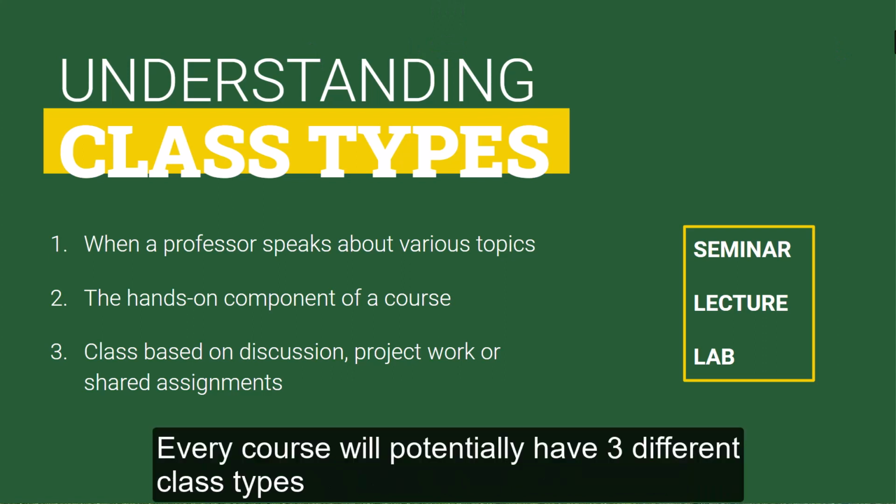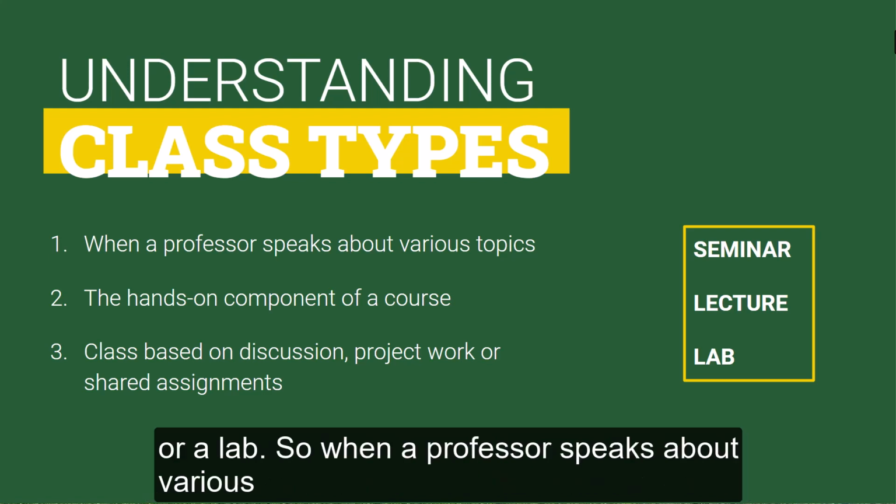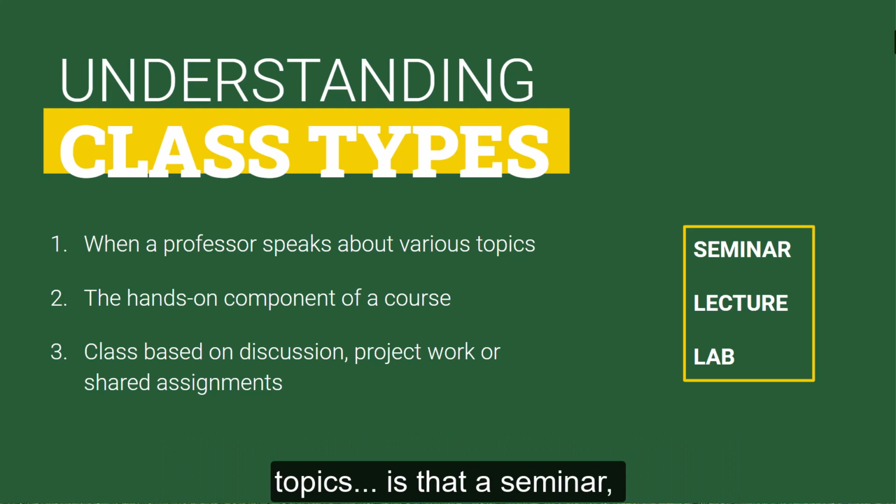Every course will potentially have 3 different class types associated with it. It could have all 3, it could have just one, and those will be seminar, lecture, or a lab. So when a professor speaks about various topics, is that a seminar, a lecture, or a lab?